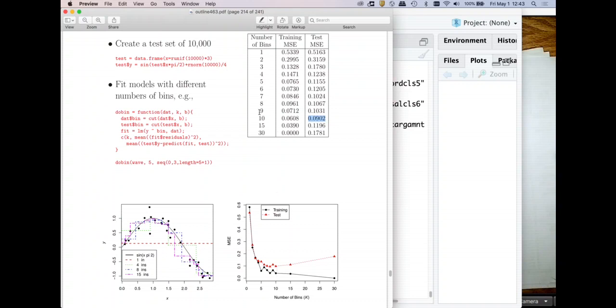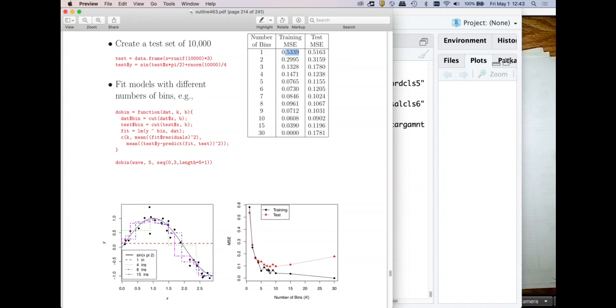Then I just tried 1 through 9 bins. If you have 1 bin, you're going to see both your training and your test set error are horrible. We go to 2 bins, things get much better. 3 bins, better, but not quite as much. 4 bins, it looks like the red line is still improving a bit.